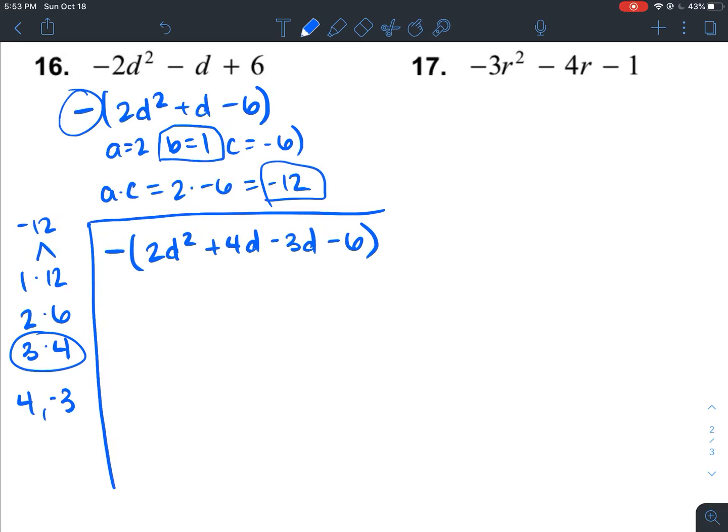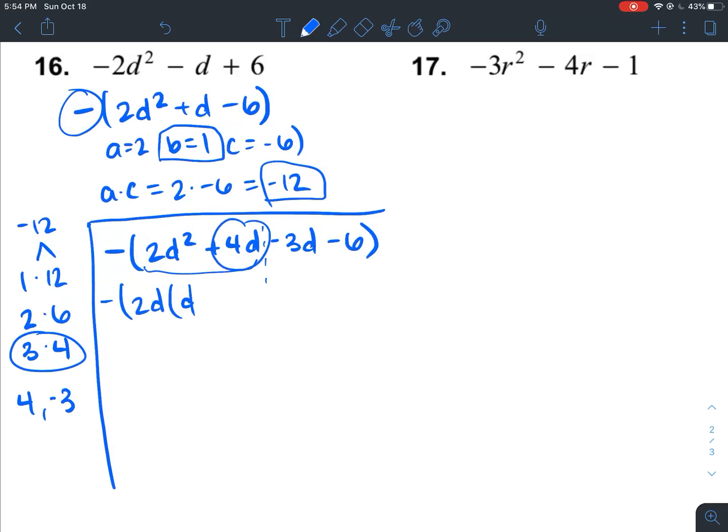Okay? So now factor by grouping. So we have a negative outside here. Now from here we can factor out a 2d from these two terms right here. So factor out the 2d. So that means you'll be left with d. Because if you take out 2d from here, you'll just be left with d.